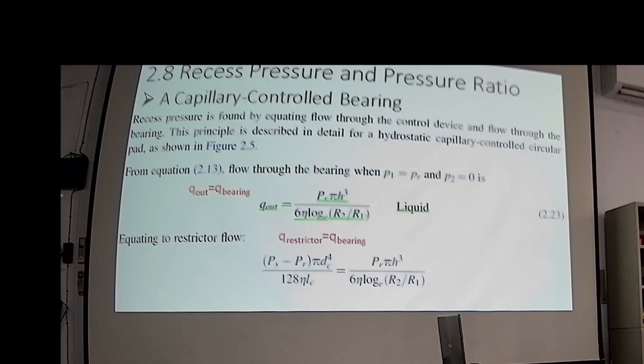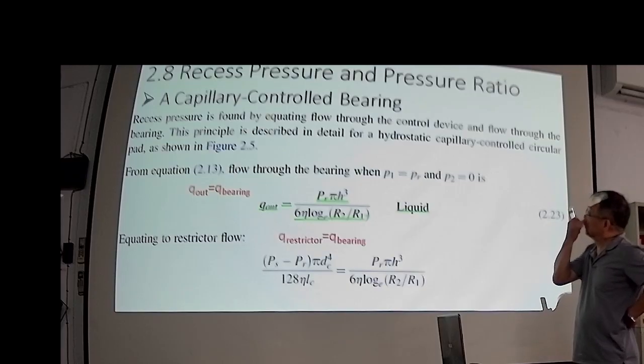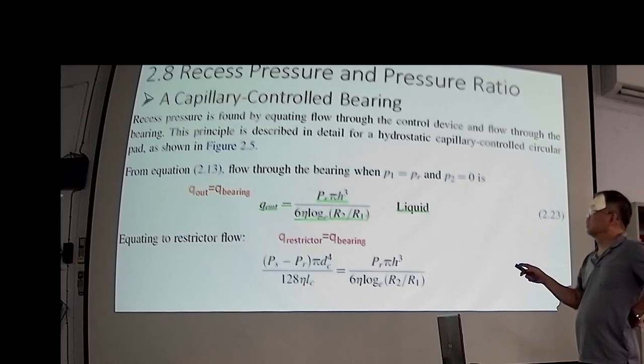So last time we also discussed how to calculate the recess pressure.